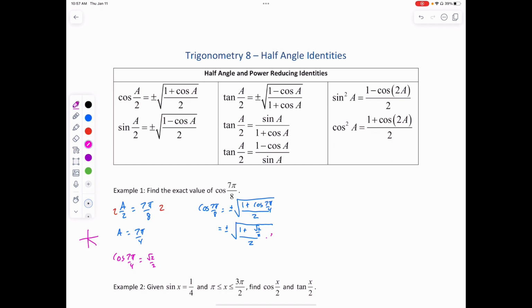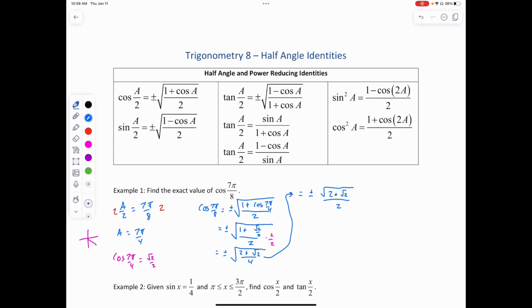I'm going to multiply the top and bottom by 2 to eliminate the fractions within fractions and get plus or minus the square root of 2 plus radical 2 over 4. Just a little more simplification: the square root of 4 on the bottom becomes 2, so this is the square root of 2 plus radical 2, all over 2.